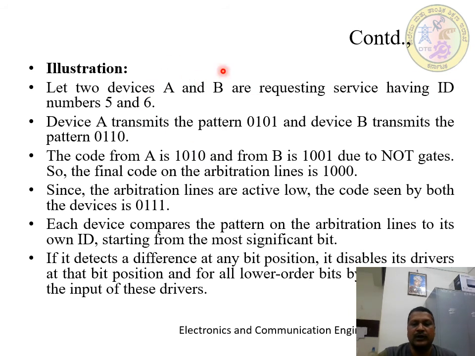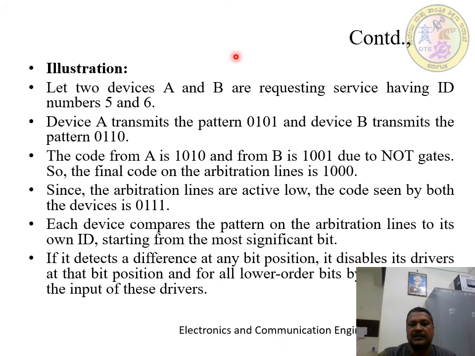So by this we have seen the two methods, centralized and distributed arbitration schemes. Arbitration is the conflict resolving scheme for conflict in operating the bus mastership. Conflict arises when more than one device, or more than one device and the processor, try to become the bus master.